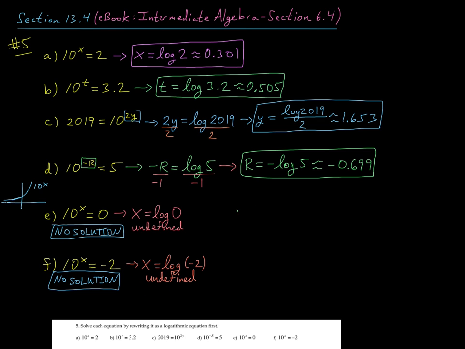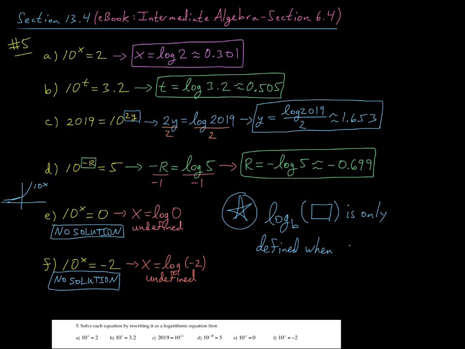And more generally, let's make a little comment here. Log base b of anything is only defined when the thing inside the log, whatever we feed the logarithm, is positive.